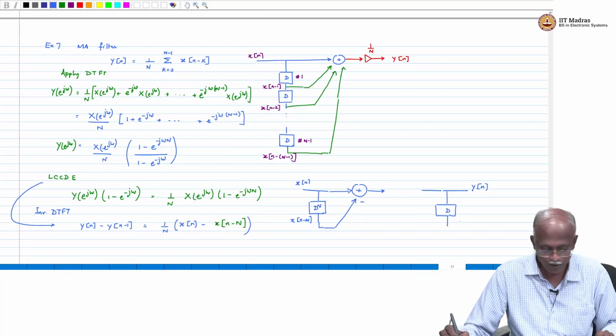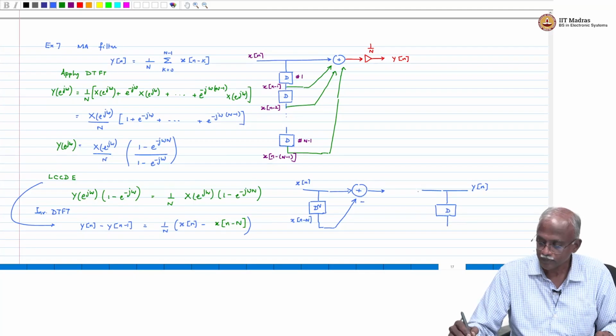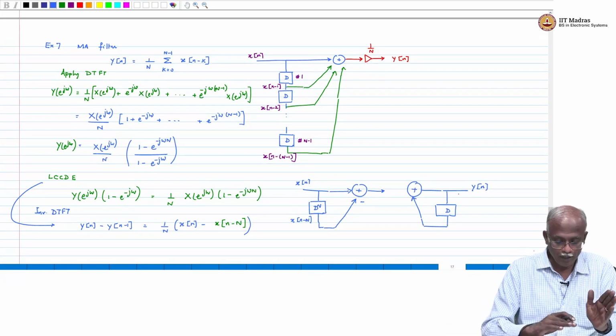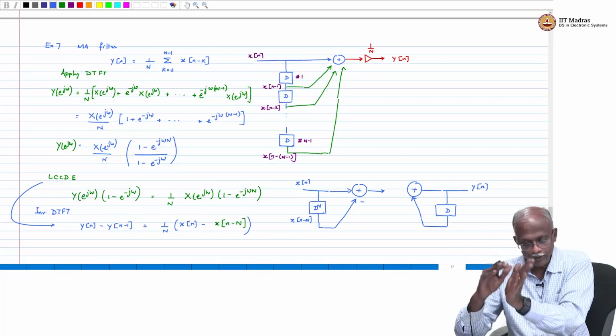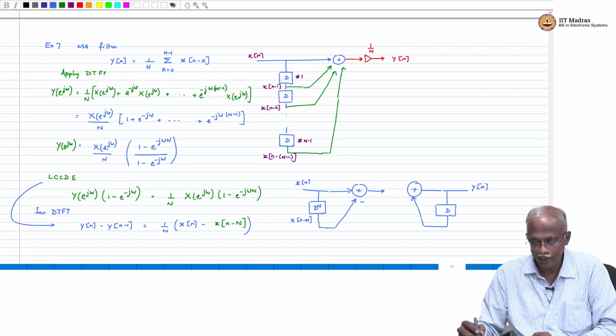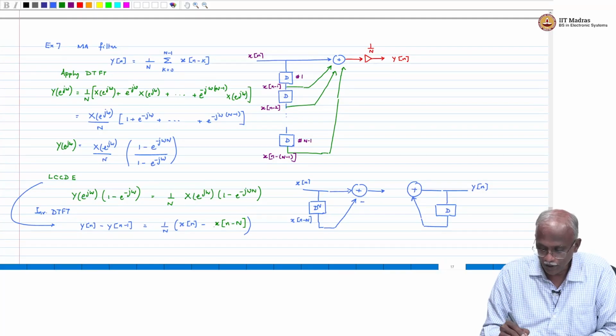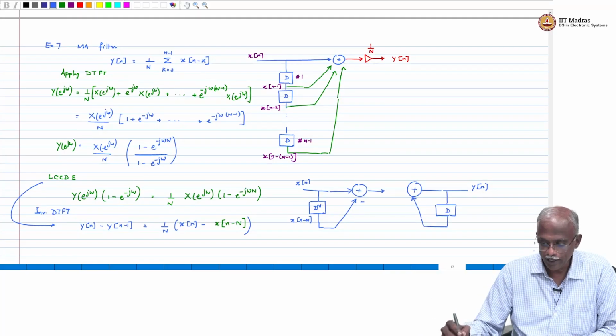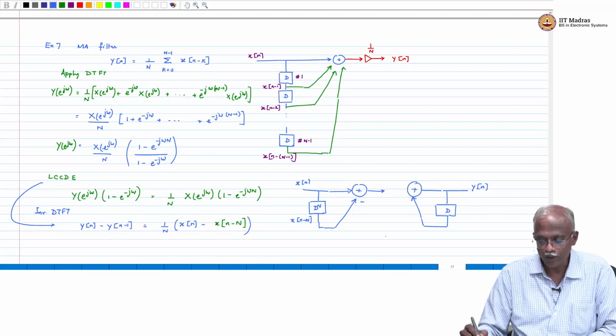This will produce y of n minus 1. This will get added to the signal with a plus sign. Okay, remember, y of n minus 1, if I take it to the other side, it will become plus y of n. So, whatever was the operation on the input signal added to y of n minus 1 is going to be equal to y of n.